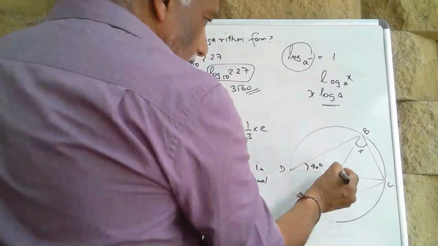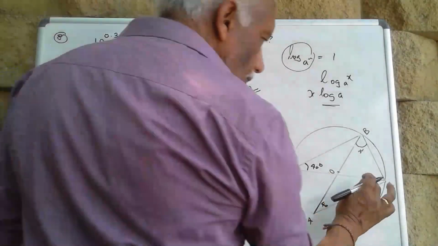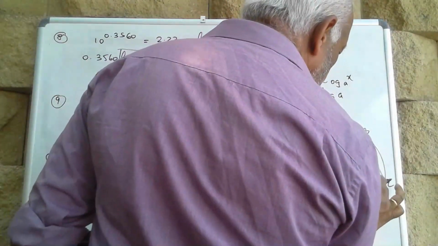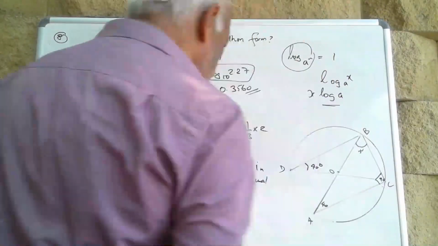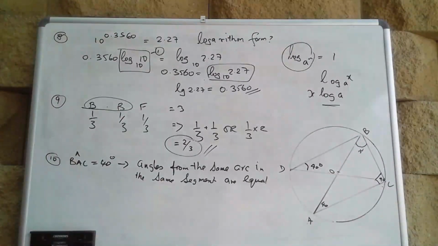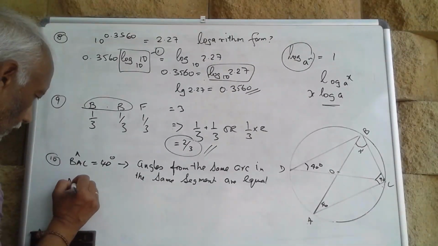But this is a center. Therefore AB is a diameter. In that case, that will be 90 degrees. Again, the rule. I'm going to write ACB is going to be 90.